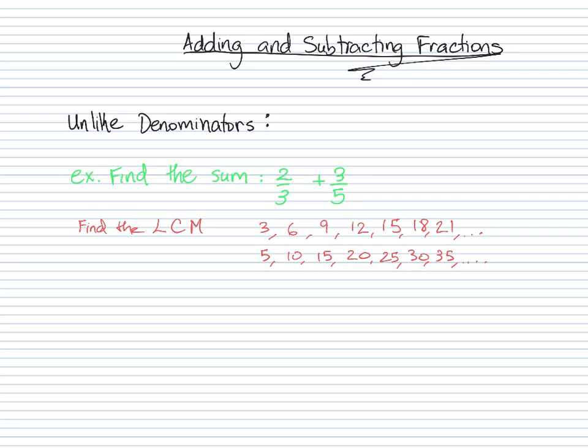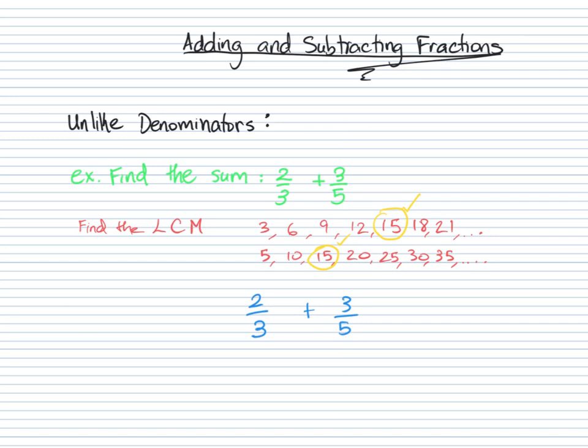So we need a multiple that is common to both lists, and we would preferably like to use the lowest one. In this case, the lowest common multiple is 15.